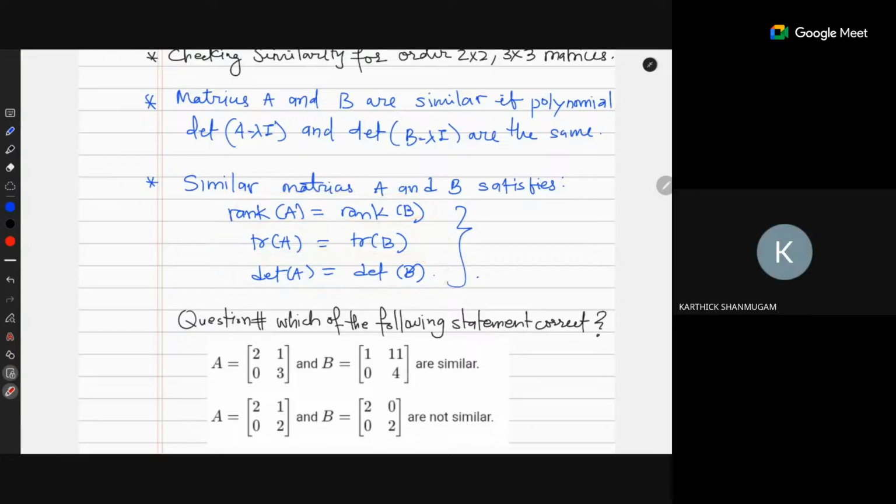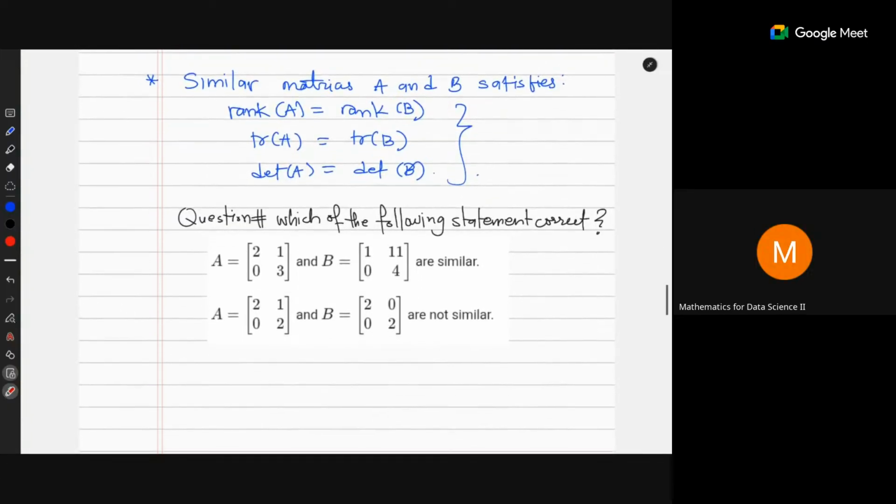Is it any or all three properties that should match? If they are similar, all three properties are the same. But it is not the case that if all of them are the same, you can say they are similar matrices. What I'm saying is that if you are given two similar matrices, then their rank will be the same, their traces will be the same, and their determinant will be the same.